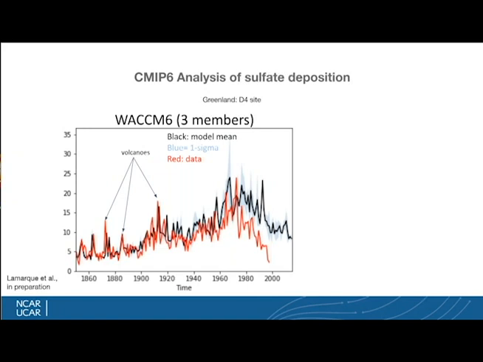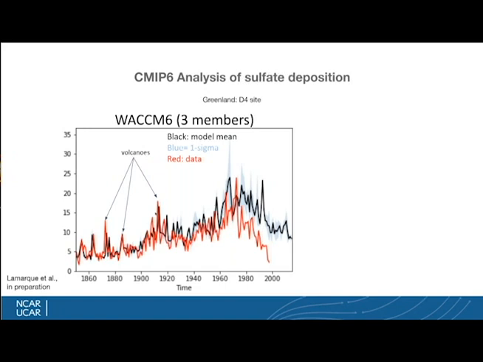A few key points here. Overall, and this is for the Greenland D4 site, which is the same as the one I was showing before, we can see some of the high peaks from the models. Those are all volcanoes. We can go back to the reconstruction that was performed.